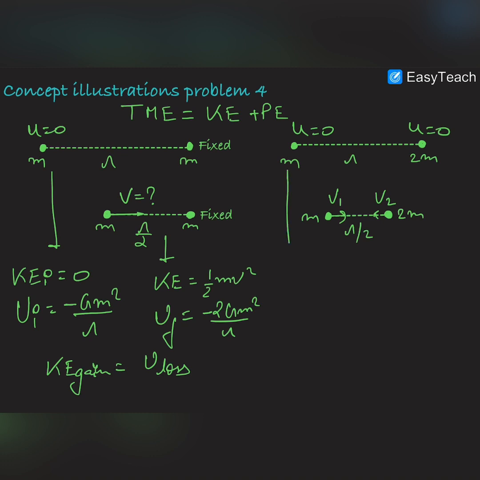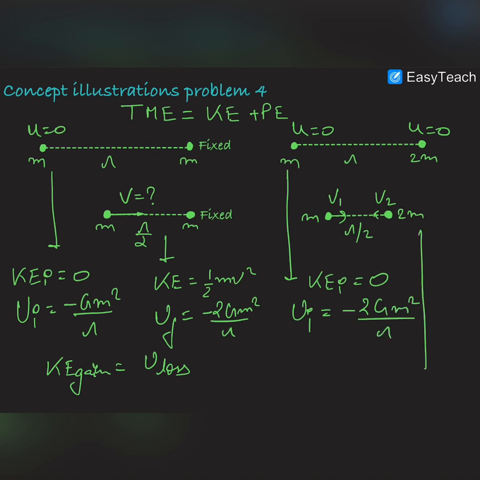In the initial case, the kinetic energy was 0, and the potential energy initially was minus 2gm square by r.